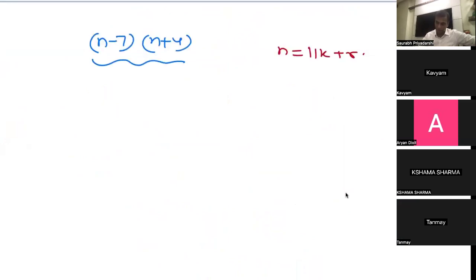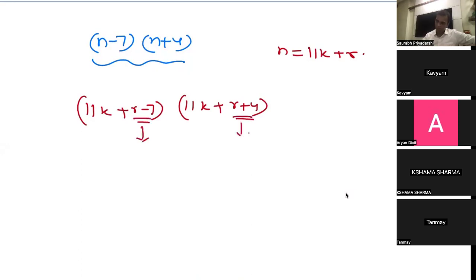Again, I'm coming into this. 11k plus r minus 7, and this is 11k plus r plus 4. Right? If I have to take 11 as a common, so I know that maybe r is any of the number 4 or 7, right? Something like this, minus 4 or 7.